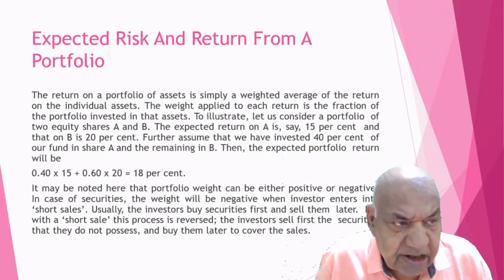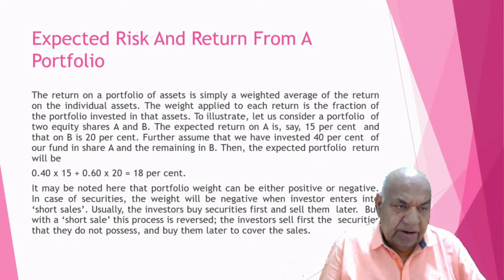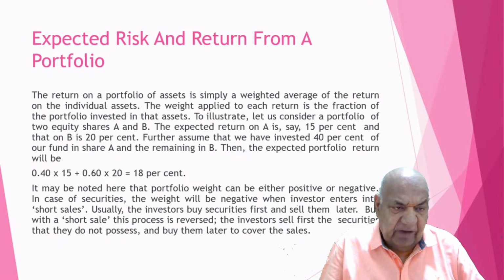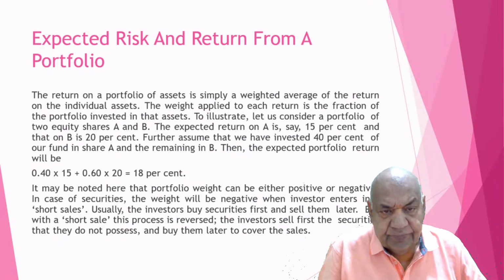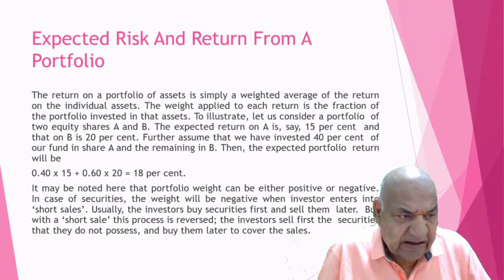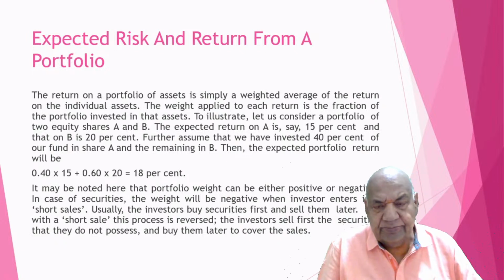Expected risk and return from a portfolio. The return on a portfolio of assets is simply a weighted average of the return on the individual assets. The weight applied to each return is the fraction of the portfolio invested in that asset.